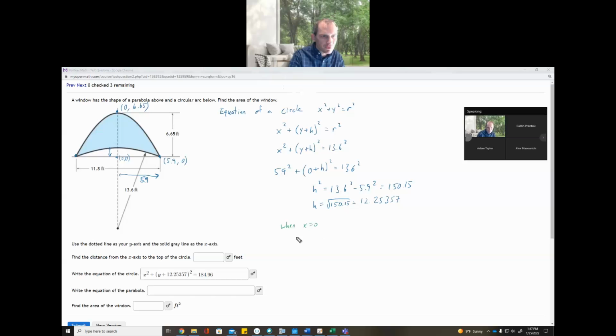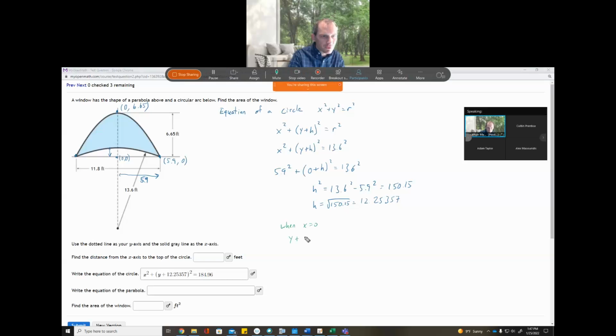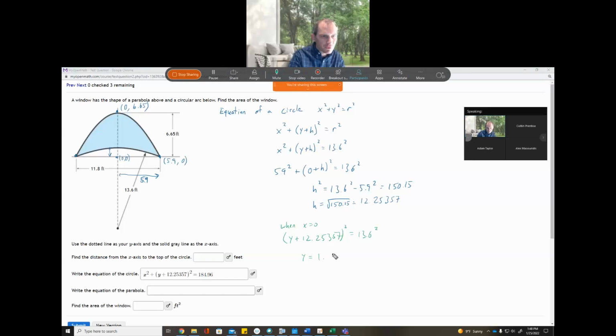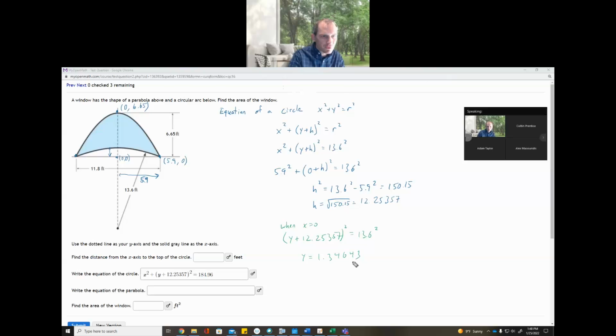So when x equals 0, then I get y plus 12.25357 squared equals 13.6 squared. I square root both sides and subtract. Something like that.